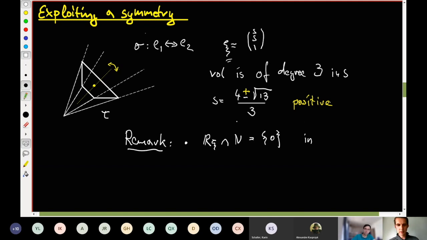So this thing here is irrational. So it doesn't really give us a grading, and it doesn't even give us a grading after rescaling. So the question is, what is the interpretation for this psi?